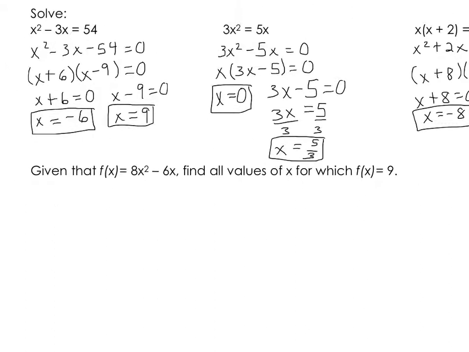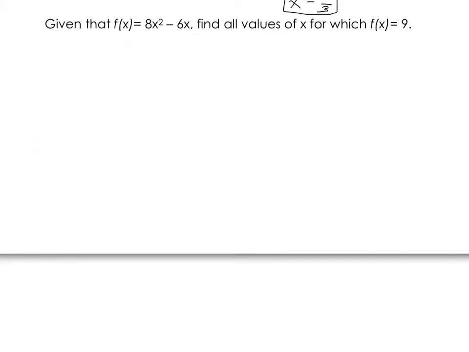So, given that f of x equals 8x squared minus 6x, find all values of x for which f of x equals 9. F of x is 9, so we'll put a 9 where f of x was, and that gives us this equation.